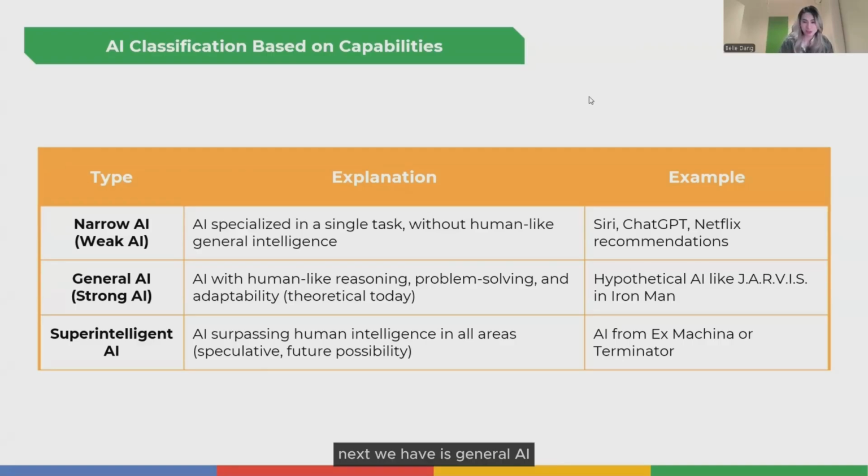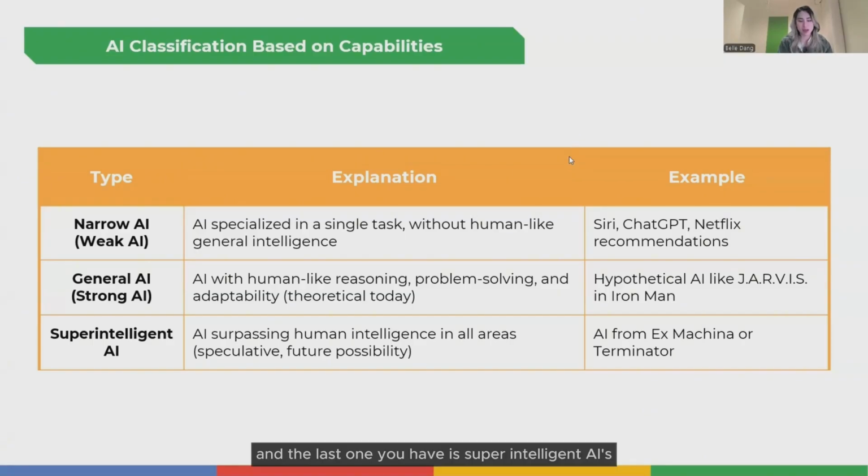Next, we have general AI. General AI is the AI that scientists are still working on, the kind that can think, reason, and learn just like a human across many topics. If you can imagine Siri not just answering your question, but actually understanding your emotions, solving math problems, and giving career advice too. Well, it is still in development, but we are getting there.